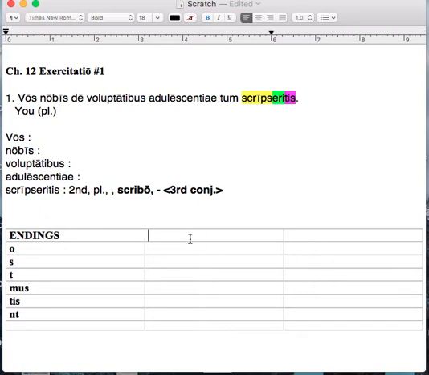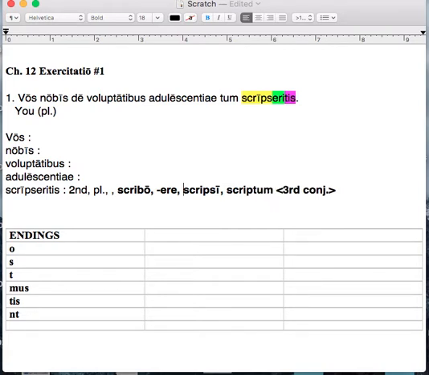Now if we remember, a certain tense that we have just learned includes a perfect stem and a portion of the future of sum. So there's two things to recall here. One is that this stem is the perfect stem of scribo. So if we wrote out all the principal parts of scribo, we would get scribo, scribere, scripsi, scriptum.